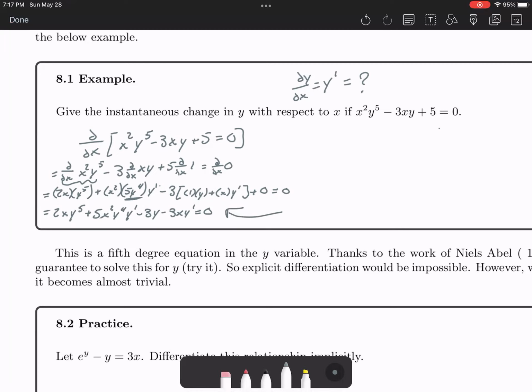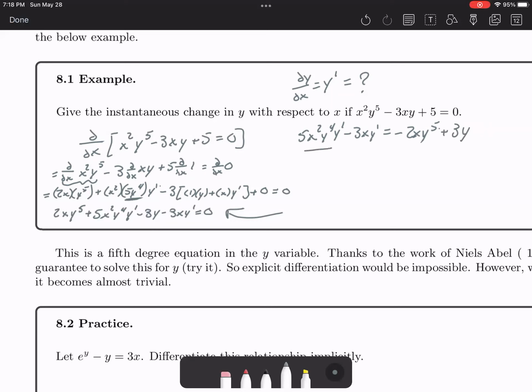So let's leave everything that has a y prime on the left-hand side of my equation, and on the right-hand side, we'll throw everything that doesn't have a y prime. So the 5x squared y to the fourth y prime is staying on the left. The minus 3x y prime is staying on the left, but I'm going to move over the 2x y to the fifth and the 3y.